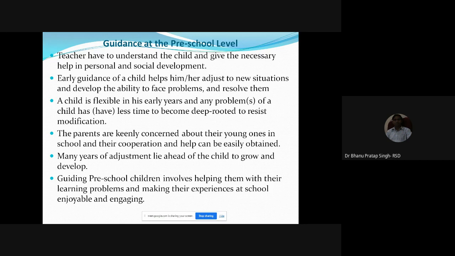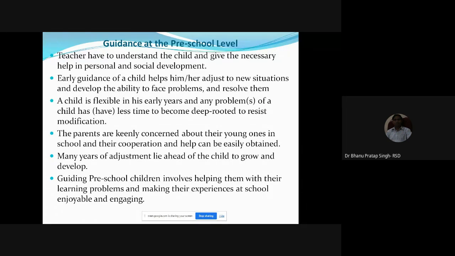The child is flexible in his early years. So any problems that come to the child become deep rooted and resist modification. So the role of the teacher is important to guide the child even in early years.